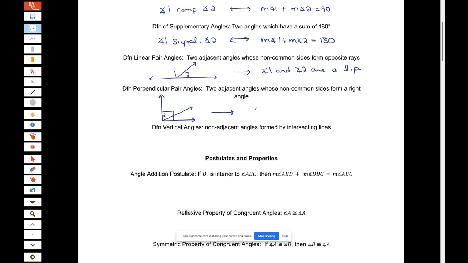Okay, so you can conclude that. Of course, all of these you can go the other way. Then again, vertical angles, non-adjacent angles formed by intersecting lines. We can conclude angle 1 and angle 2 are vertical.